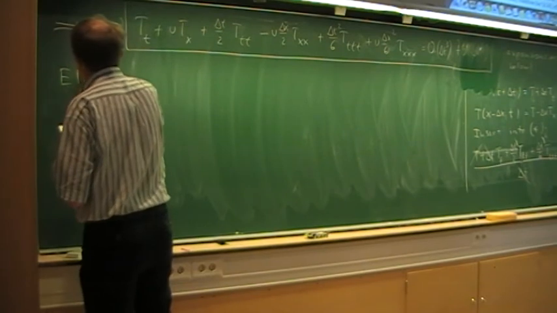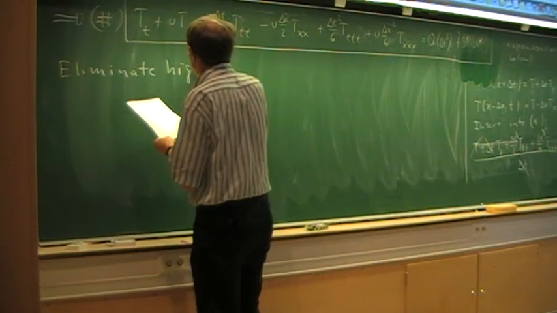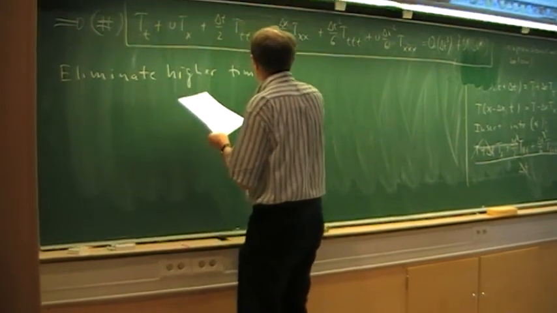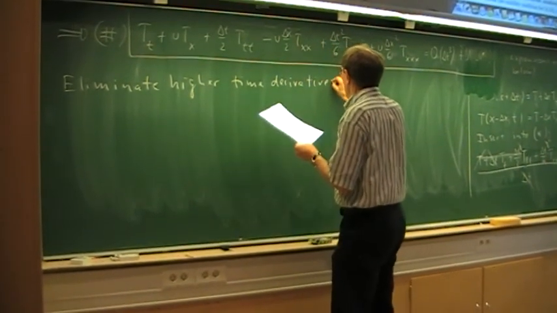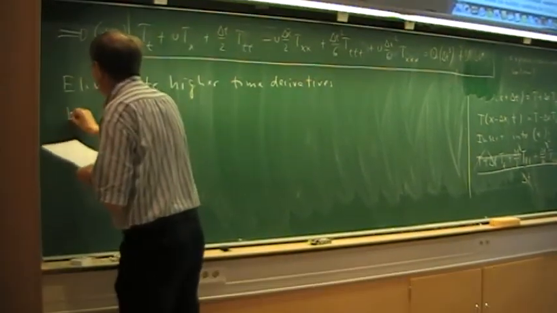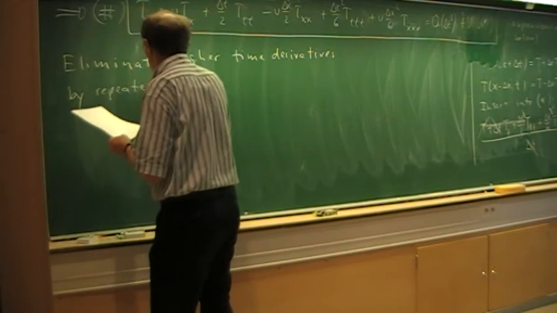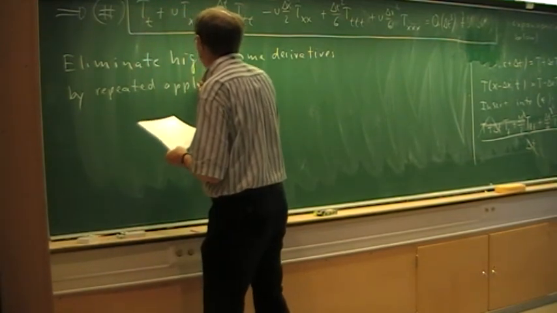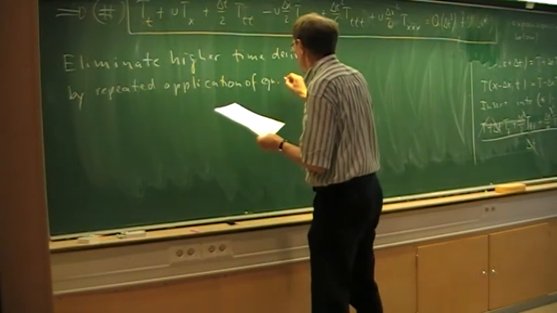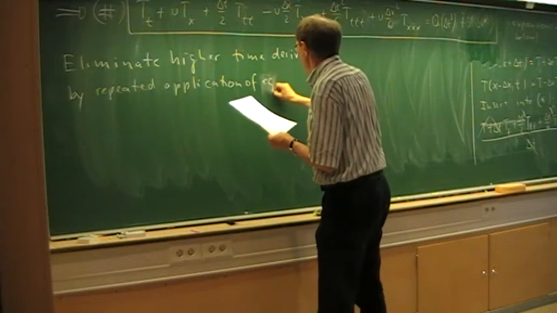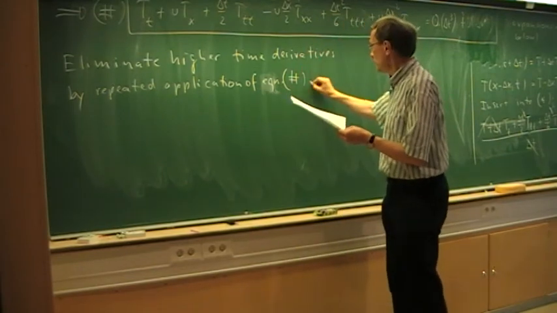We eliminate the higher time derivatives by repeated application of this equation that we have just derived. I call it this number equation. And we do that now.